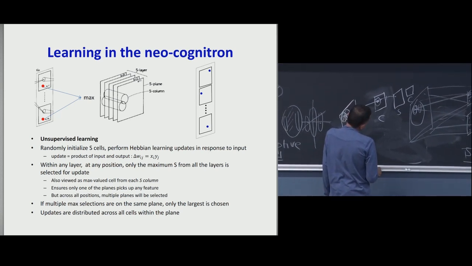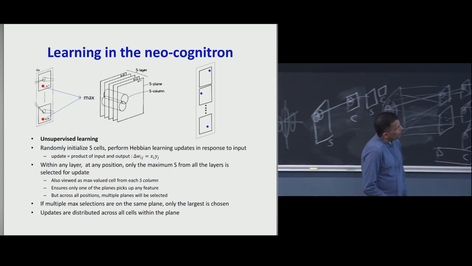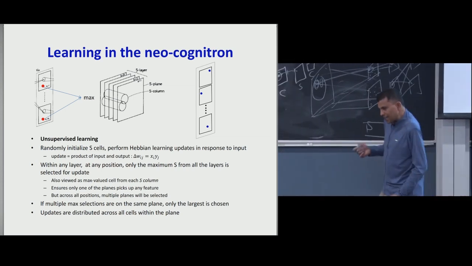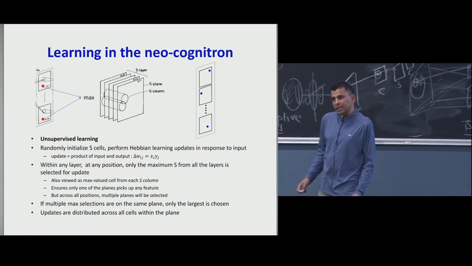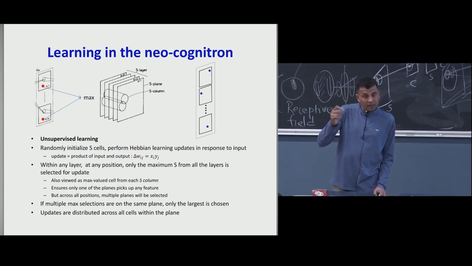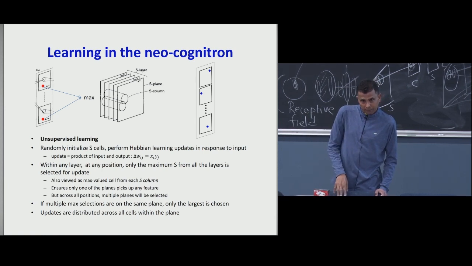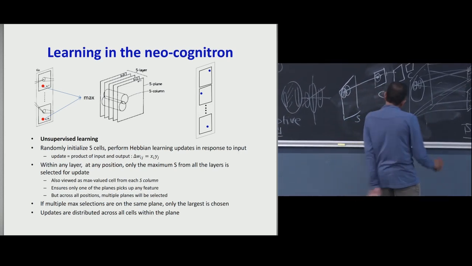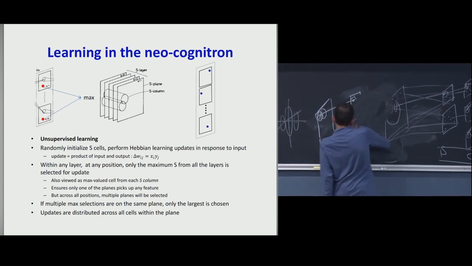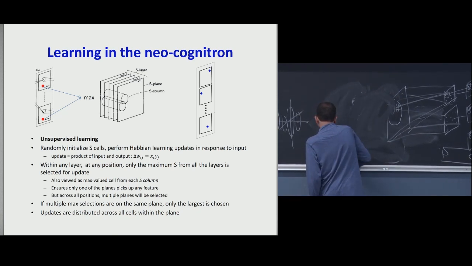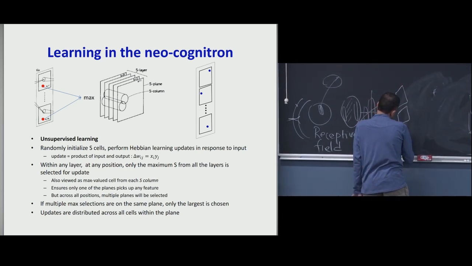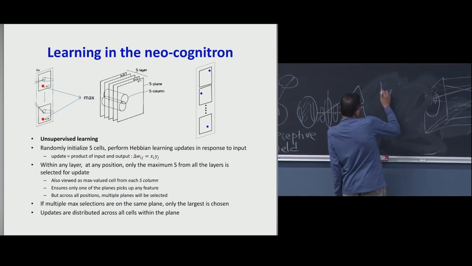If any particular cell detects a feature, then the region of the image that contributes to that feature cannot be contributing to any other feature, right? What this meant was something of this kind. Let's say I had this collection of S-plane images, and then C-plane images.